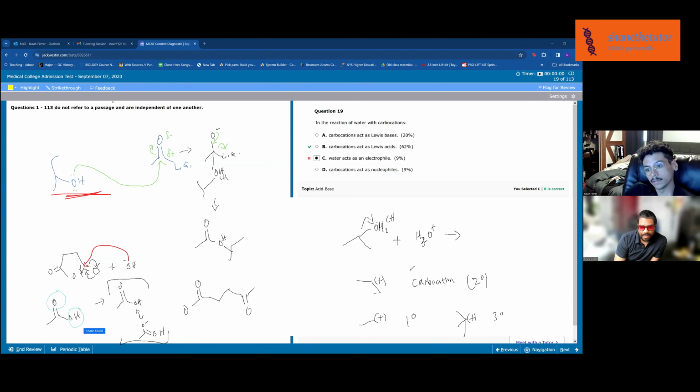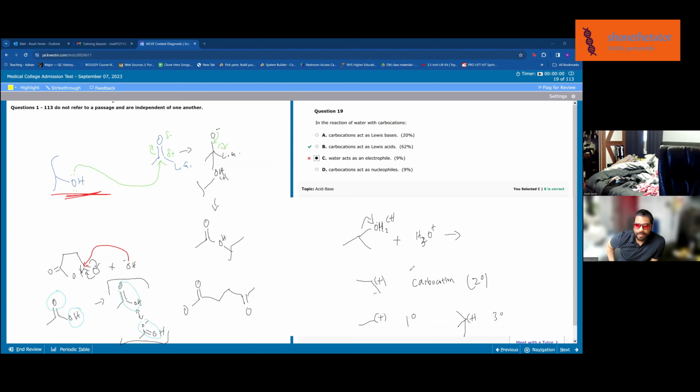However, with resonance, it includes the carbonyl carbon as well. So the charge is spread out over a wider area. So anytime you have a charge that's spread out over some area, it's going to be more stable.